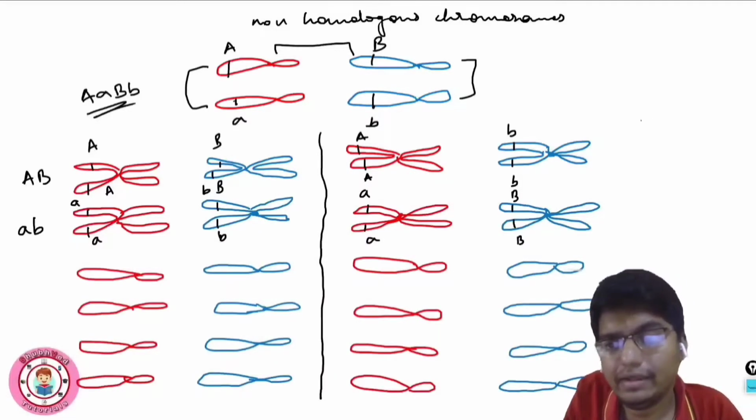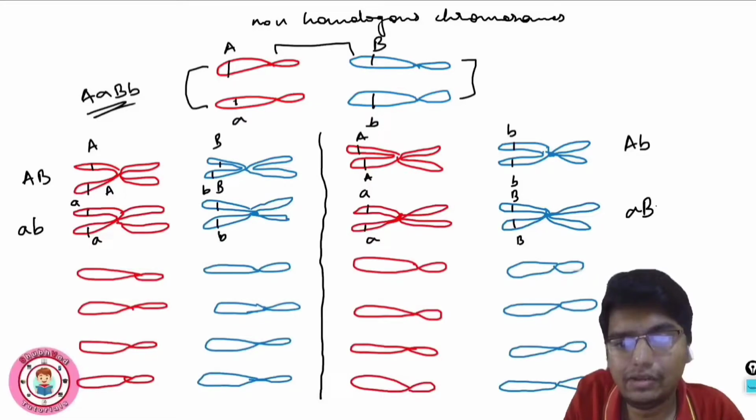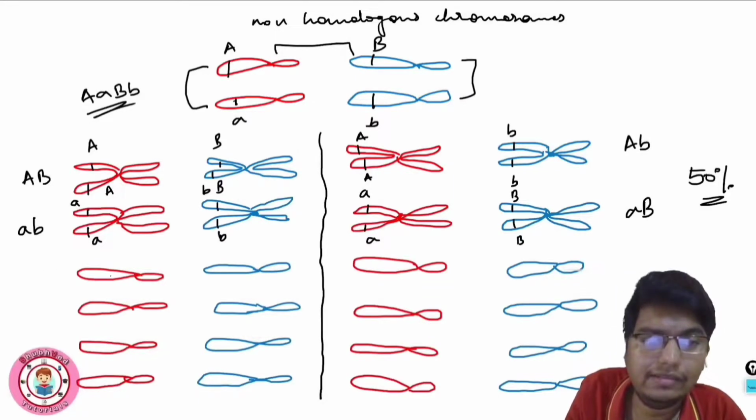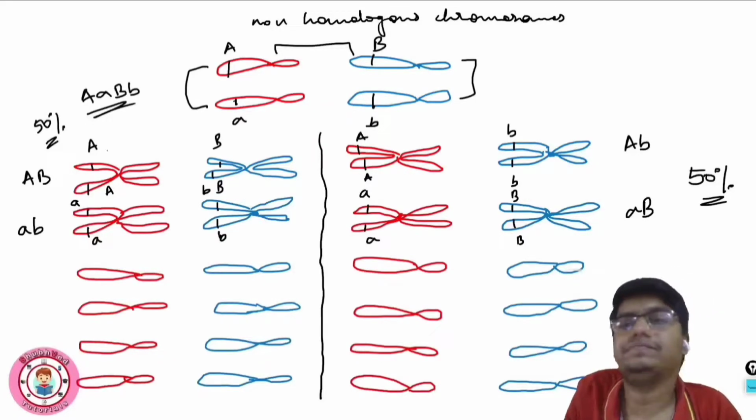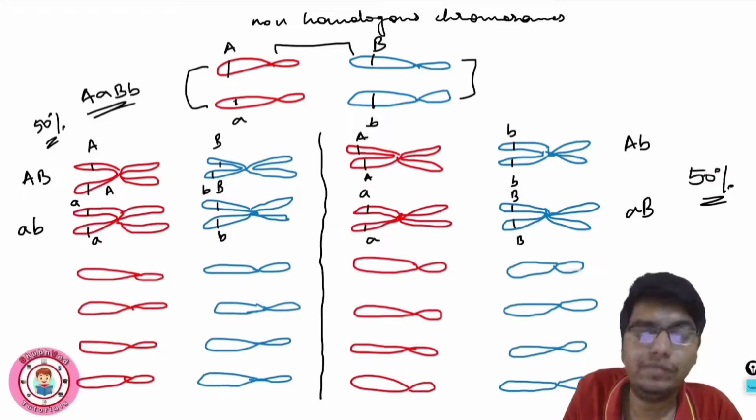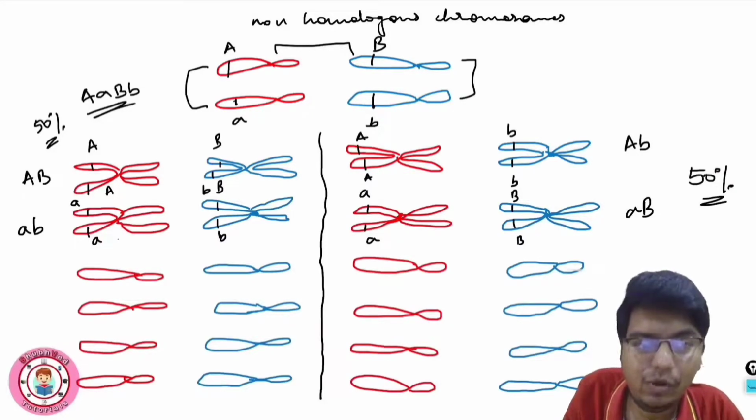So what we can write here: capital A, small b, and small a, capital B, right? So this is 50% chance, and this is 50%, right? So both of these are possible. Okay, so 50% this will occur, right?